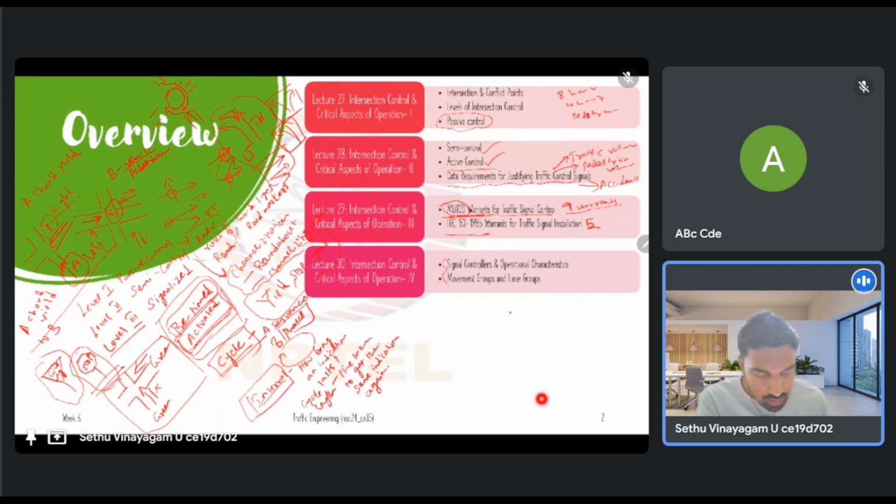And then we looked at different ways of grouping the traffic movements. One is movement group, another is lane group. Okay, so what happens in movement group?